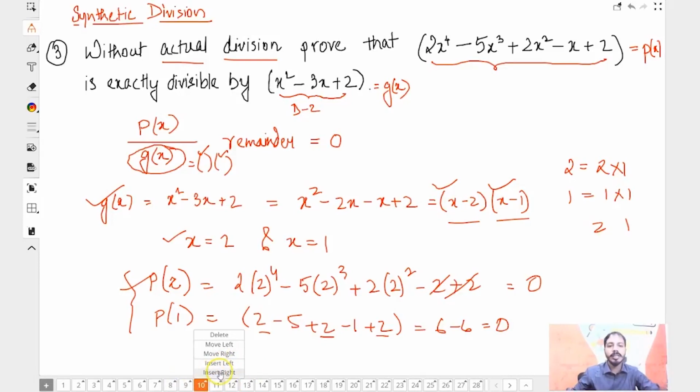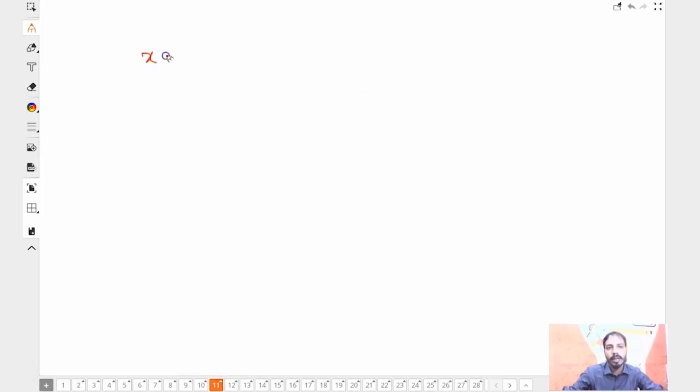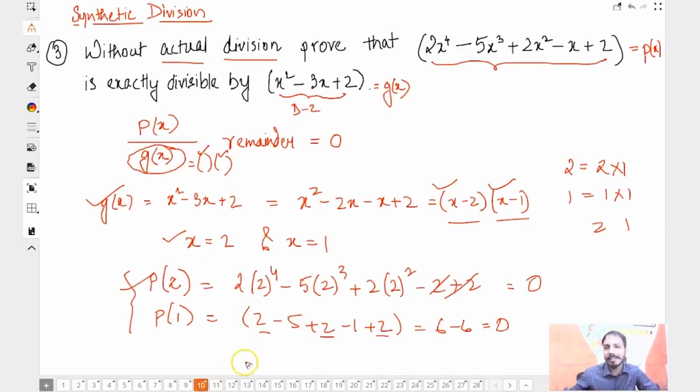Hit and trial method means you need to try x equal to plus minus 1, then plus minus 2 and then plus minus 3. Here also there are some techniques you can use. You don't have to blindly check plus minus 1, plus minus 2, plus minus 3 and plus minus 4. You have to see that the root will be a factor of the constant term.